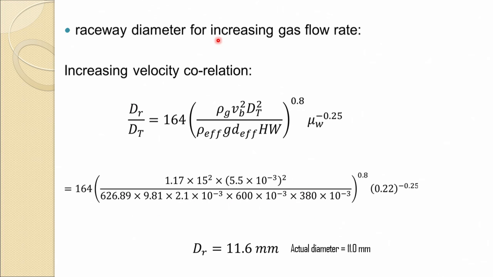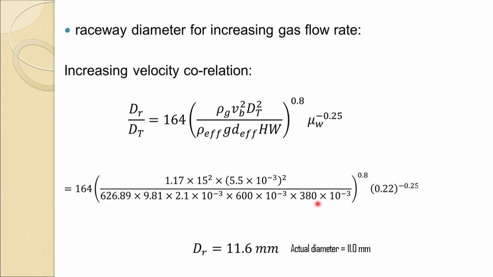And the Raceway diameter for the increasing gas flow rate, we know it can be given by this correlation, and it is a question of substituting the appropriate values which all are given: the gas density, blast velocity, Tuyere opening, even the effective density we calculated, effective diameter we calculated, gravitational constant, height and width, and the friction coefficient.